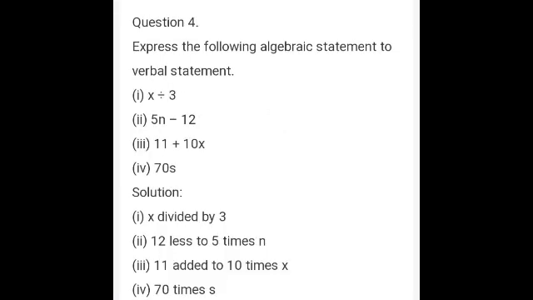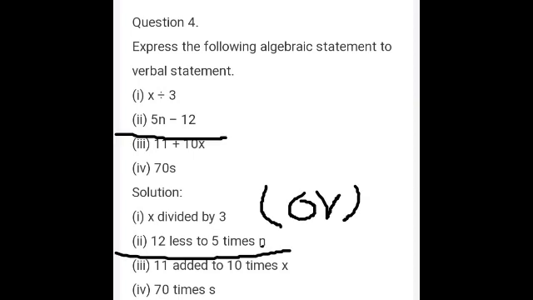Okay my dear students. Now let me move to question number 4. Express the following algebraic statement as a verbal statement. Second subdivision, 5n minus 12. It means 12 can be reduced, decreased, subtracted, less, any terms we can use for the minus symbol. Now I am using the term reduced.